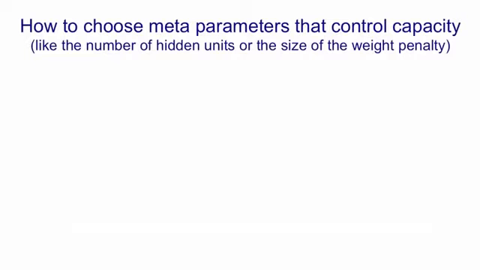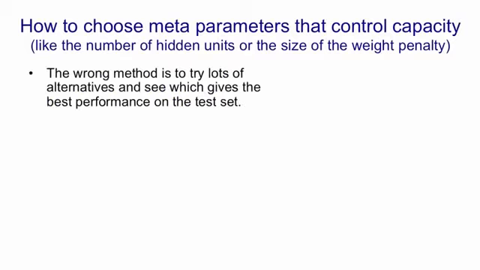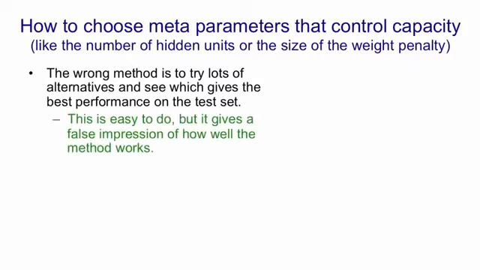Now, for most of these methods, there are metaparameters that you have to set, like the number of hidden units, or the number of layers, or the size of the weight penalty. An obvious way to try and set those metaparameters is to try lots of different values of one of the metaparameters, like, for example, the number of hidden units, and see which gives the best performance on the test set. But there's something deeply wrong with that.